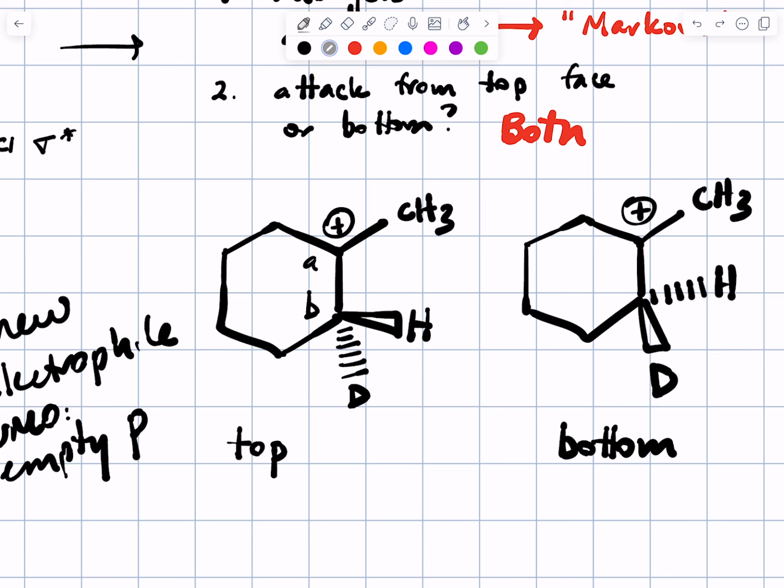I'm going to draw the empty p orbital on that positively charged carbon. And you're going to remember that this empty p orbital is both above and below the plane of the page, equal above and below the plane of the page, though with opposite wave function sign. And that's true both for the carbocation on the left and for the carbocation on the right.